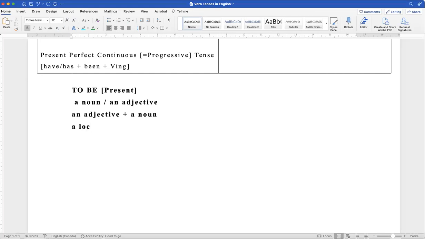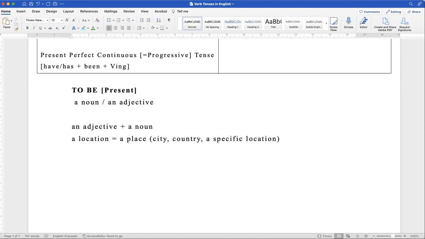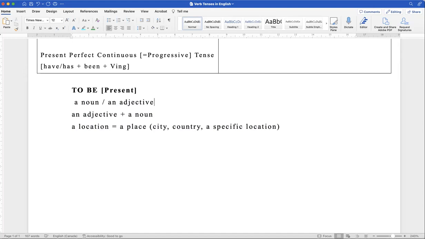Or we can use a location, like a place, like a city or country, or a specific location. So now I will give an example for each. If you use a noun or an adjective after to be, by the way, the present form of to be, we said am, is, are.